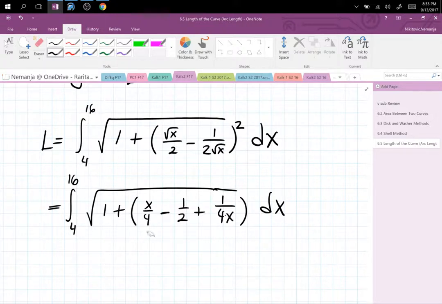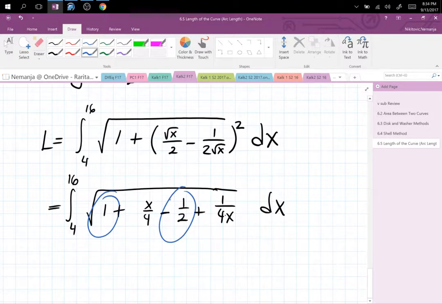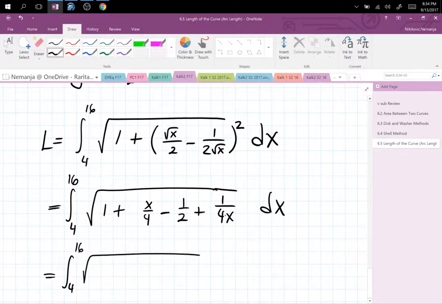Now you see that you don't need these parentheses, so we'll get rid of those. And then you see that you have like terms that you can add. So the next step is integral 4 to 16 square root of x over 4 plus 1/2 plus 1 over 4x dx.